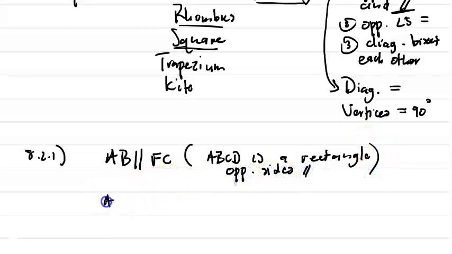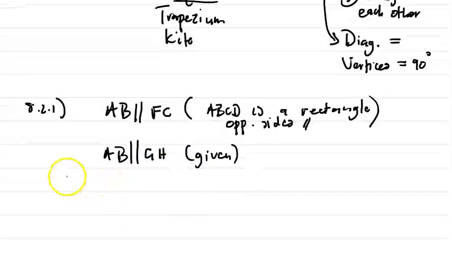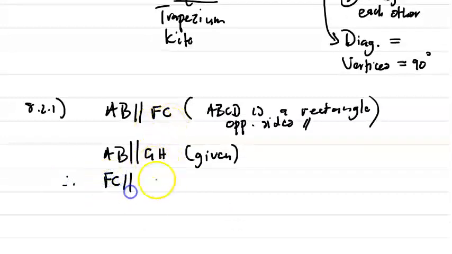Also, we are given that AB is parallel to GH, and that was given to us in the question. Therefore, we can conclude that FC is parallel to GH.